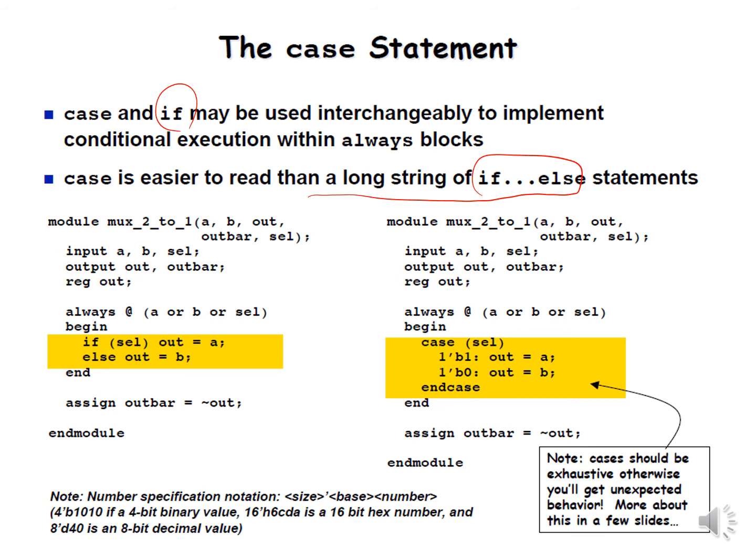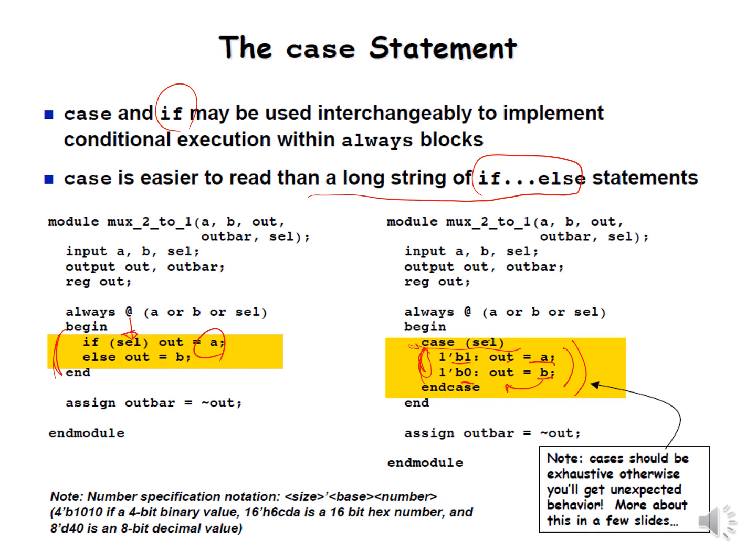Here in the example, we are showing just a single-bit control, the sel signal. In the if statement, if sel is high, then the output is assigned A. But in the case statement, you can obviously see that if sel is 1, then out becomes A. If sel is 0, out becomes B. You can see it very clearly in the description.